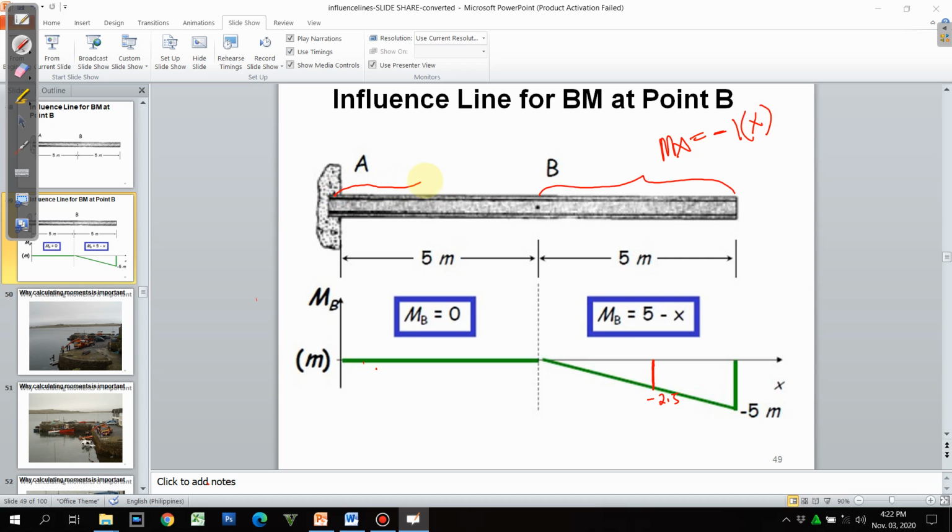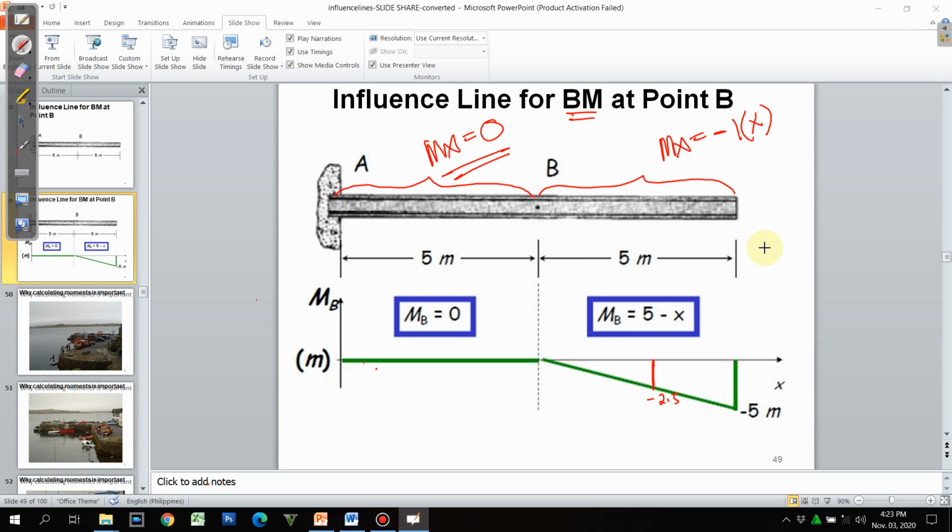And on this segment, we found also that MX is constantly equal to 0. So this will be our ILD, influence line diagram, for the bending moment at point B. So that's it for the tabular method.